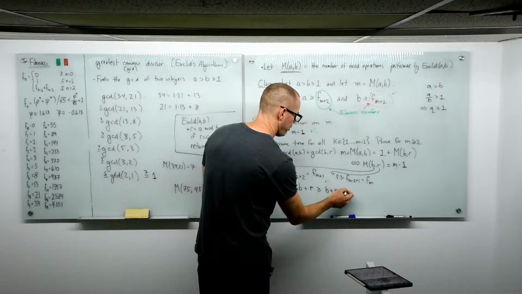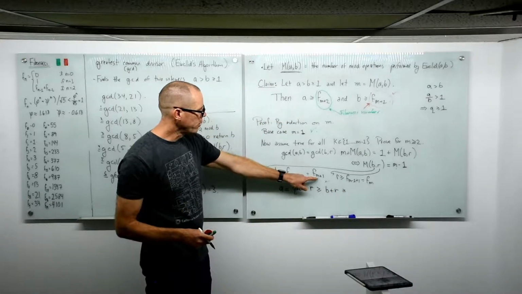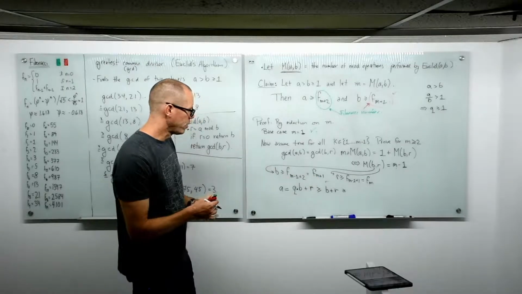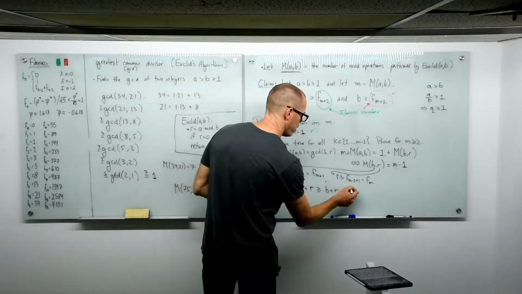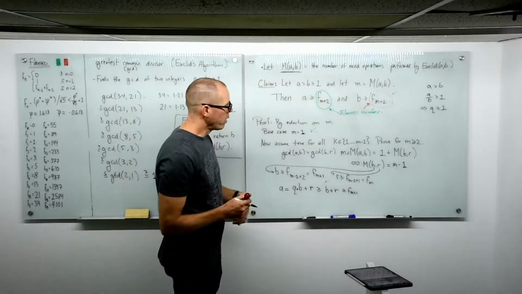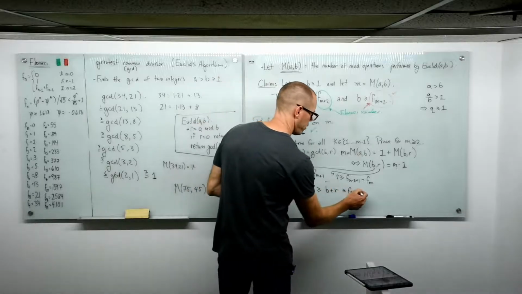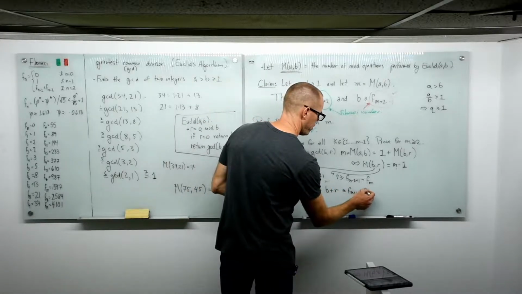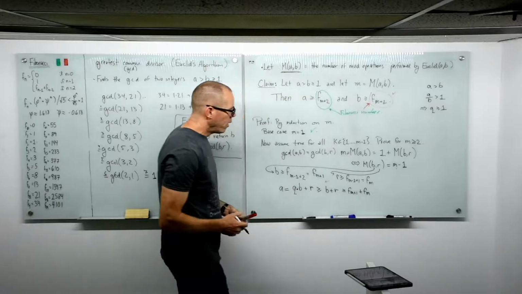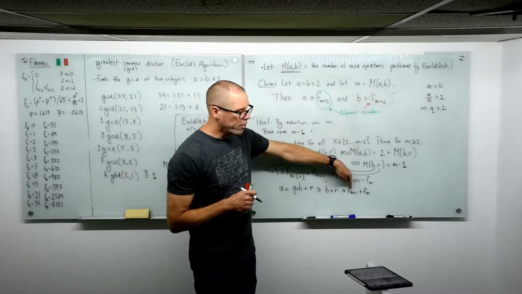but B we know is bigger than or equal to f of m plus 1. And R is bigger than or equal to f of m. But wait a minute, this is a Fibonacci number, m plus 1.